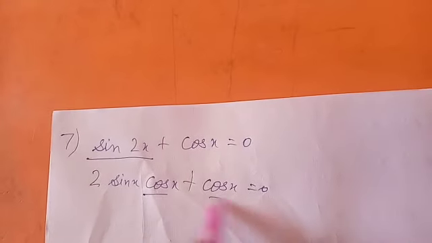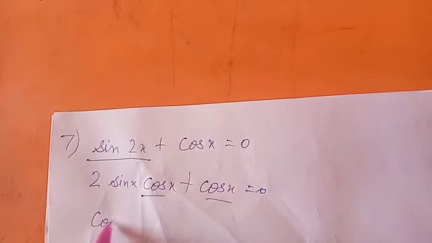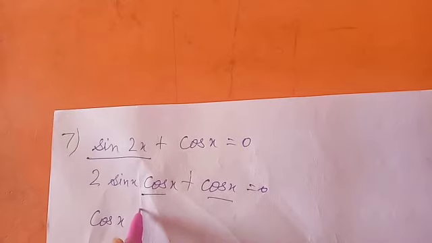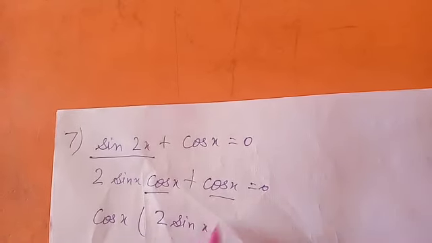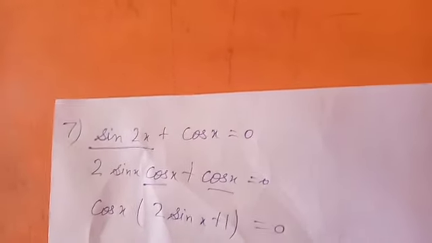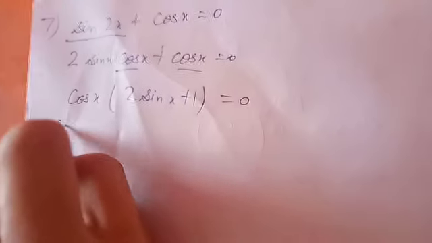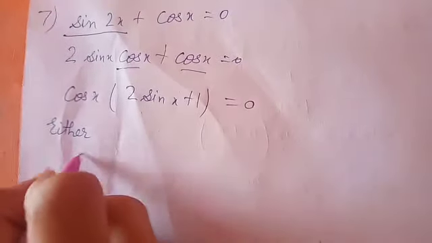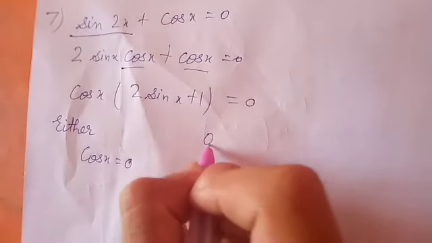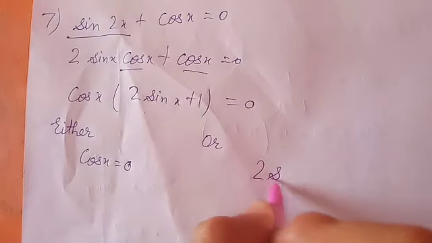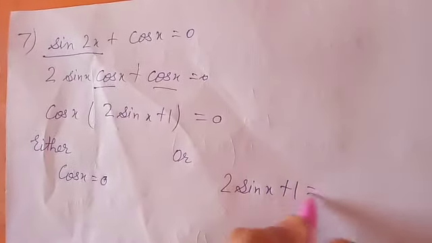Now we can take cos x common from here. It is cos x into 2 sin x plus 1 equal to 0. Now similarly here, to make our equation 0, either cos x is equal to 0 or 2 sin x plus 1 is equal to 0.